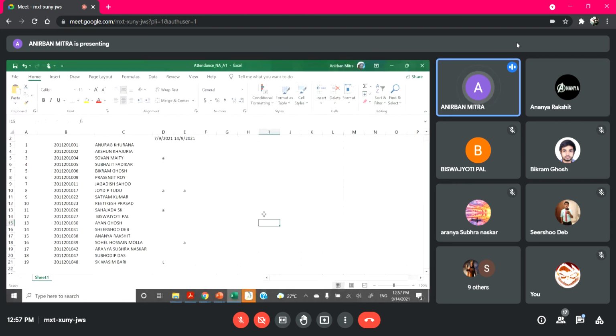Anybody else who is present here? Marked as absent? Joydeep? Sahaja said. Yeah, you are present. If nothing is mentioned in this column, you are considered as present. Only those who are absent, I have marked. Okay.